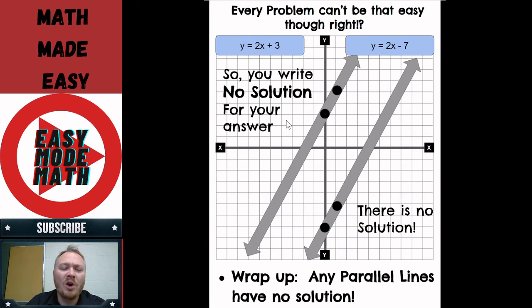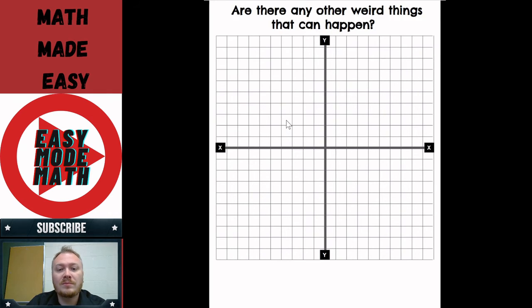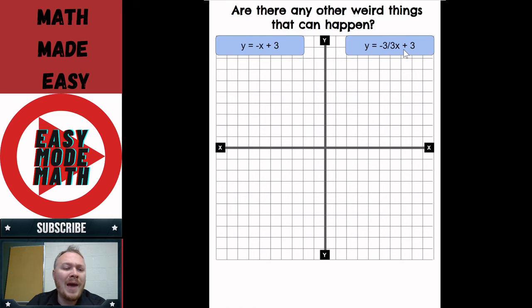A lot of times we call this a special case. Are there any other weird things that can happen? Thank you for asking. Yes, there are. Let's take a look at these two equations here, and we have a little bit of a strange layout. Normally, an equation like this you would simplify, but oftentimes we are doing math in order to simplify them, and this would be one step in that process.